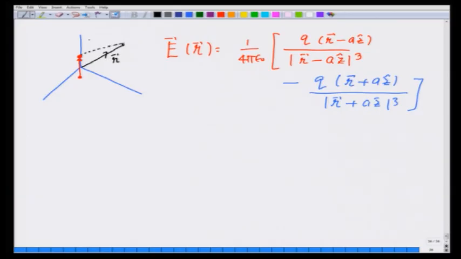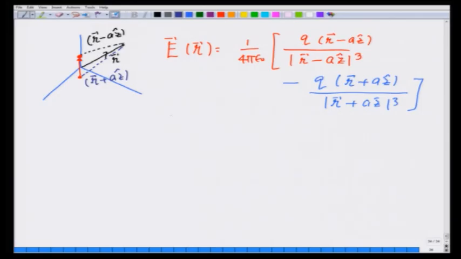This is vector r minus a z, and the one from the bottom here is r plus a z. And we want to calculate this field and finally take the limit q times a going to a finite number.